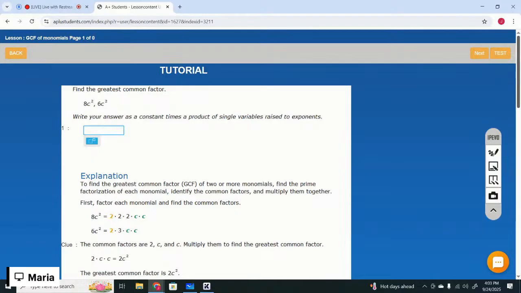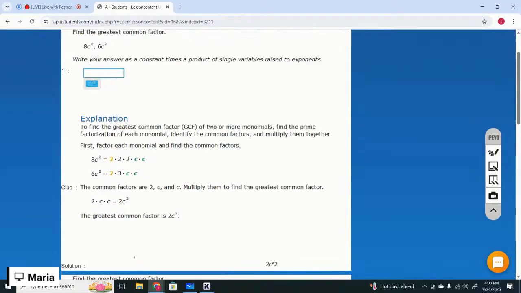To find the greatest common factor of two or more monomials, find a prime factorization of each monomial, identify the common factors and multiply them together. Let's just factor out 8. It would be 2 times 2 times 2, c times c.